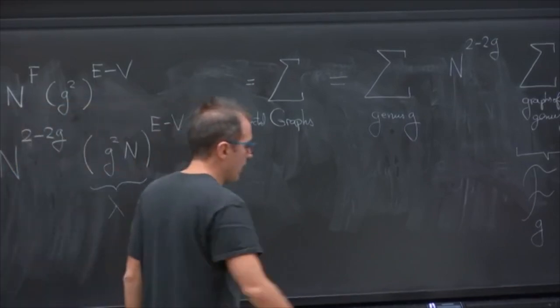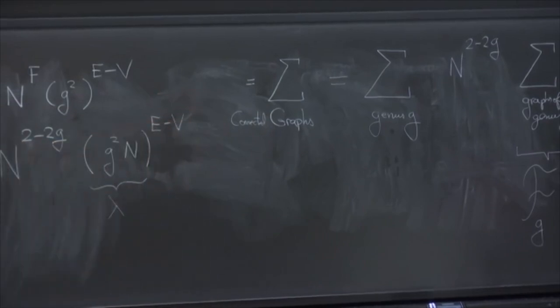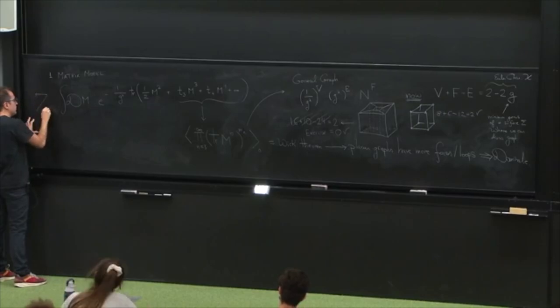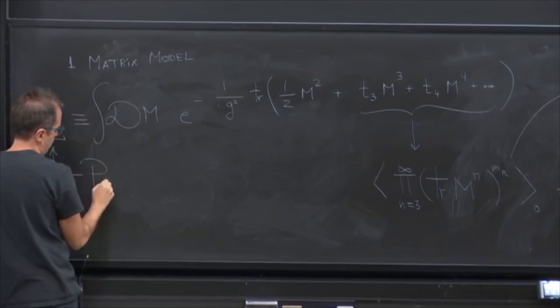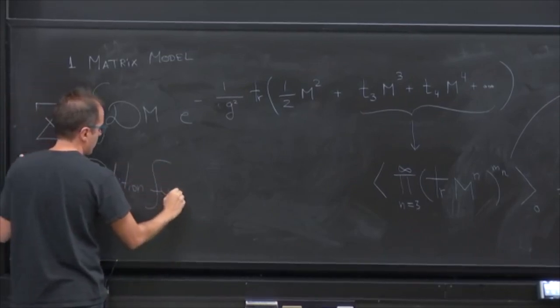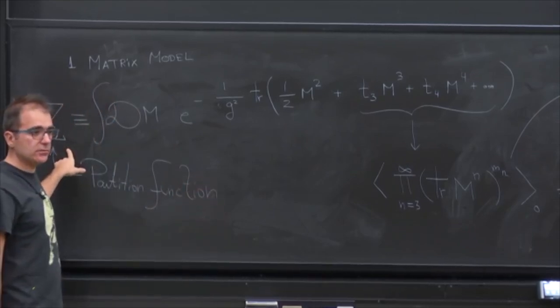Let me remind you, the quantity we defined was this integral here. This full quantity, I did not give it a name, but let me give it now, is what we would call the partition function. Should I put z on the left-hand side of that equation?